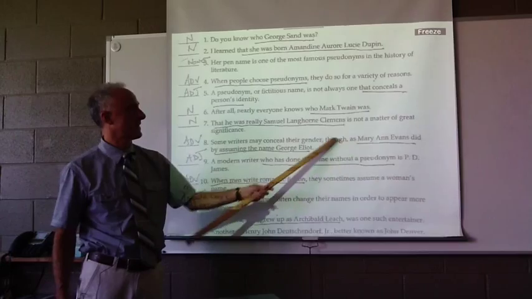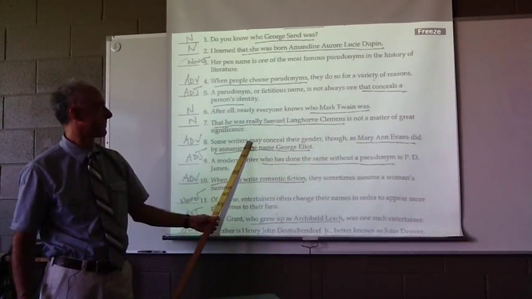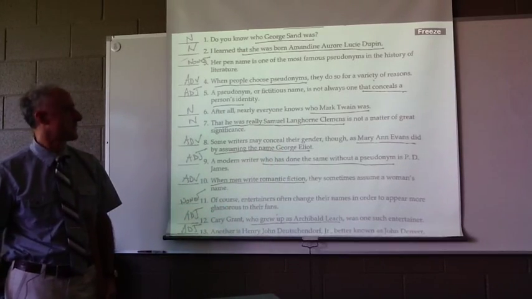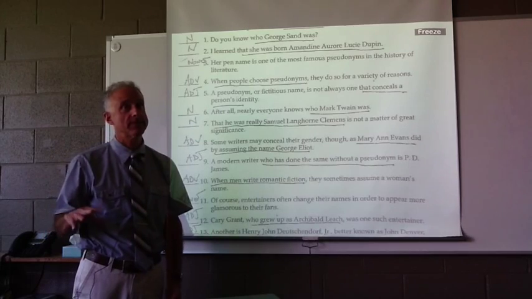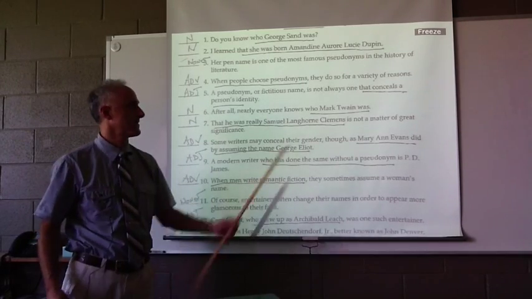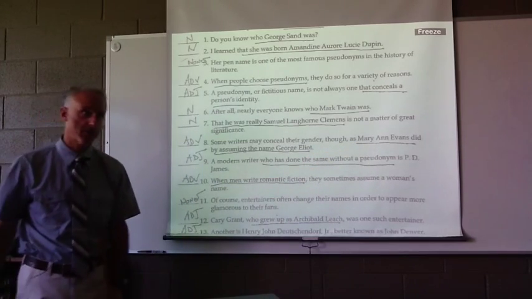And the word right before it doesn't help, but it is modifying may conceal. So one of the clues will help us: how it's acting, what it begins with. In this case, it's more what it begins with that helps us identify the type of subordinate clause that it is.